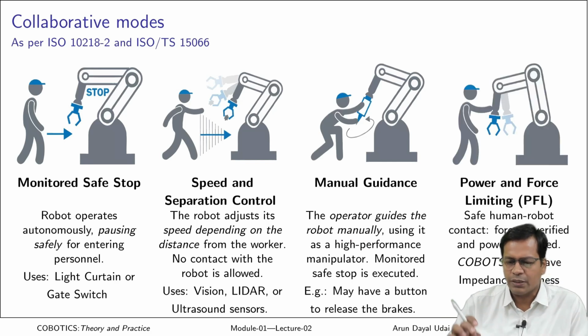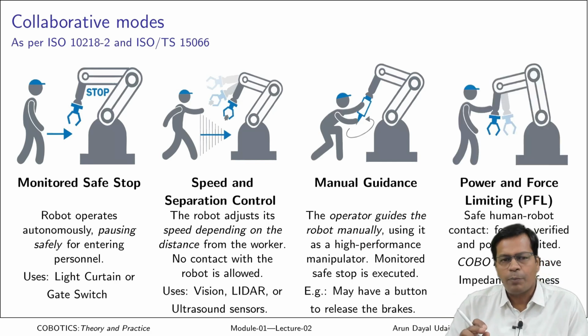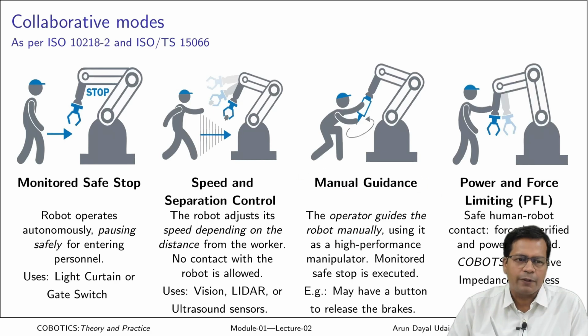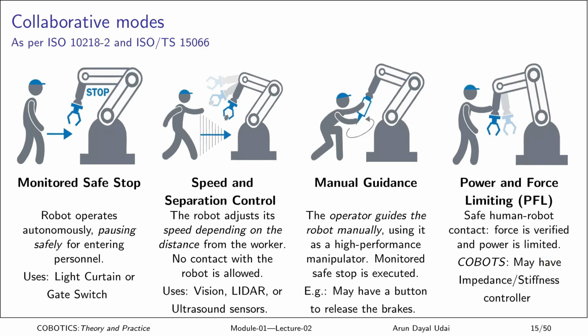And the fourth one, that is the final one, is power and force limiting. In this case, safe human robot contact is established. Human and robot are in contact with each other.